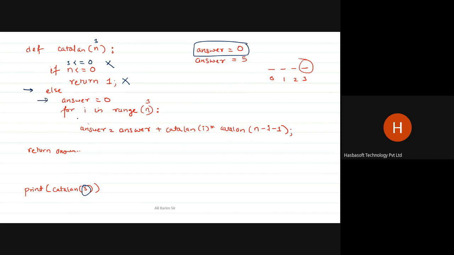Then here it is 0 in range till 3. Yes, it is in range till 3. Then here it is 0 plus catalan of i, meaning you are actually passing a recursive call to this with index as 0, because i is 0 here. Make sense?